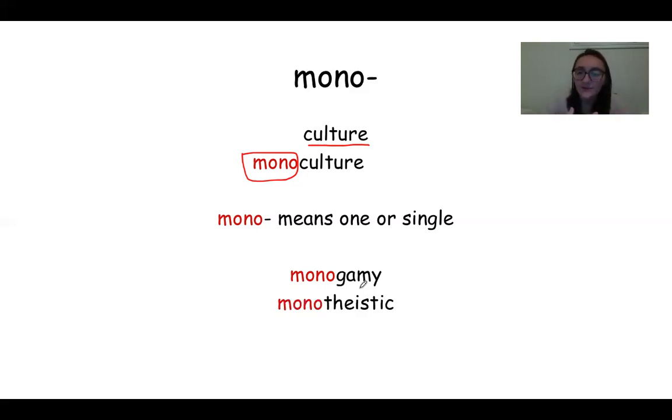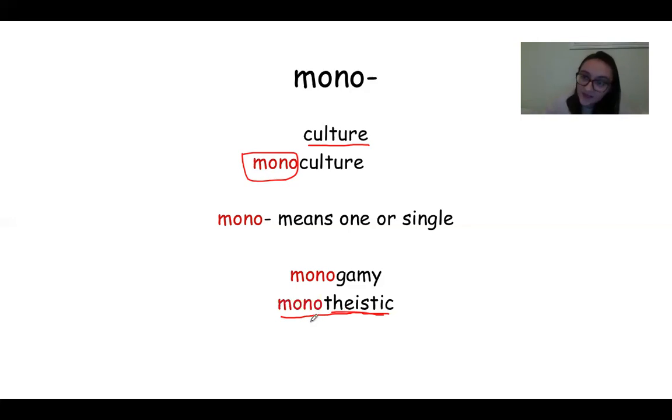Another word that you could see this in, this is another complicated one, is monotheistic. What is that? So if you didn't know this word and you saw mono at the beginning, you'd think, I don't know what this word is, but I know it's talking about one. Theistic is a fancy way of saying what you believe in, like a religion.